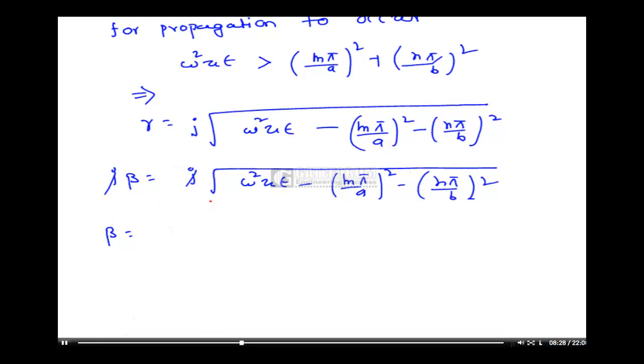Now beta is equal to square root of ω²με, which I am taking common.